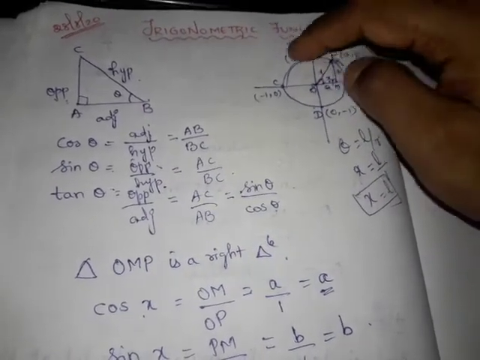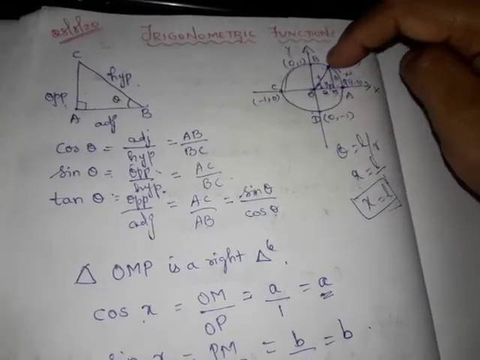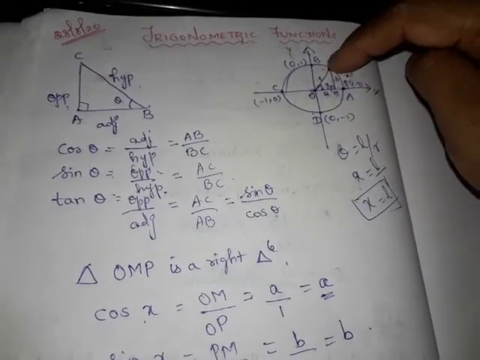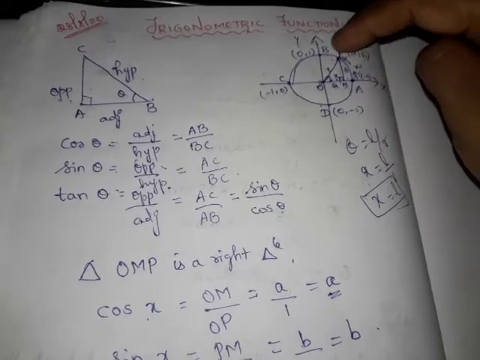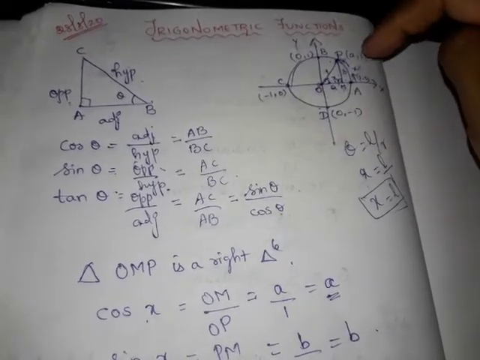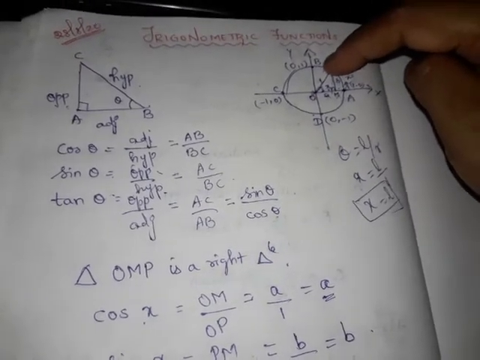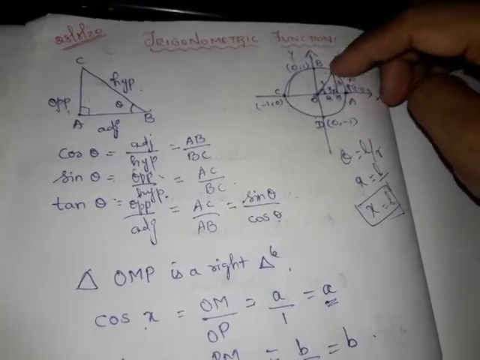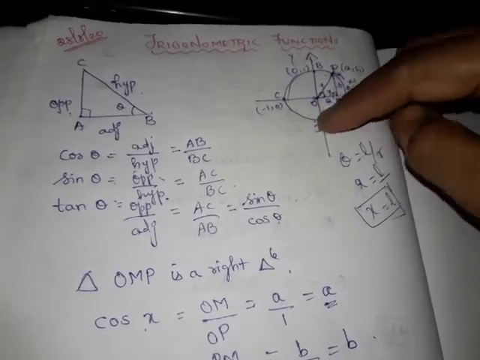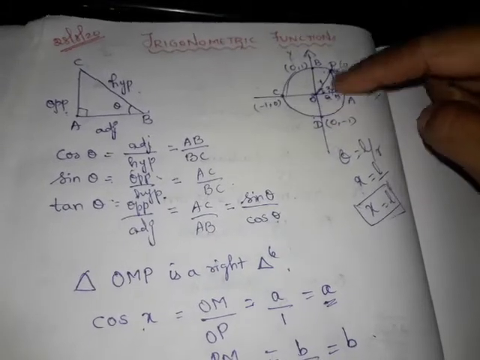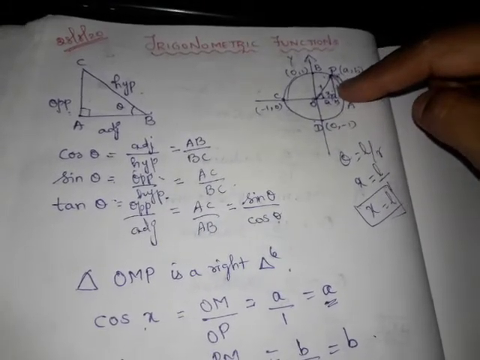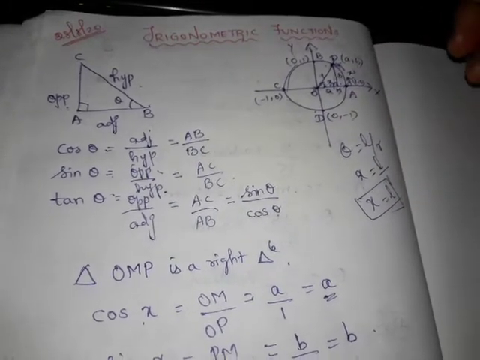So for that we considered a unit circle, which means the radius is 1 unit, and we chose a point P on the circle in such a way that its distance from the x-axis is B and its distance from the y-axis is A. In the sense OM is A units and PM is B units, right?